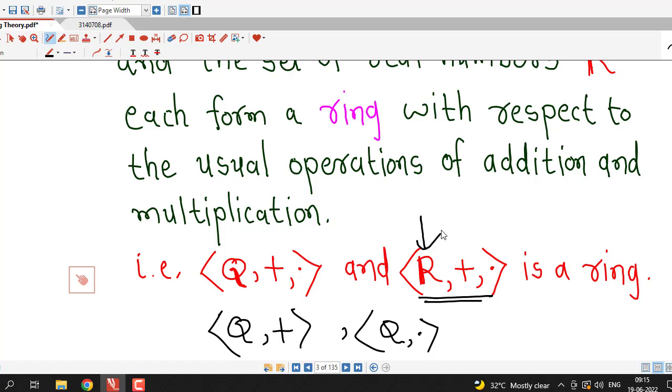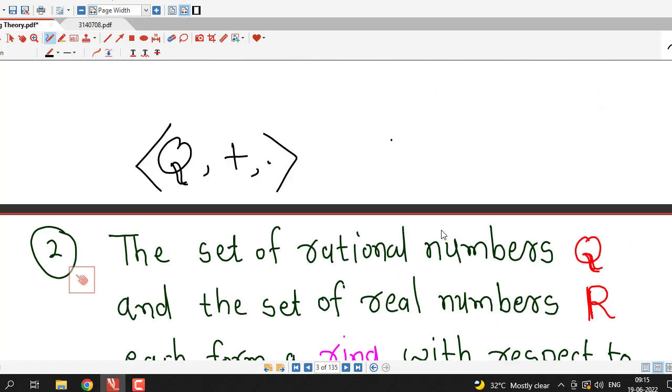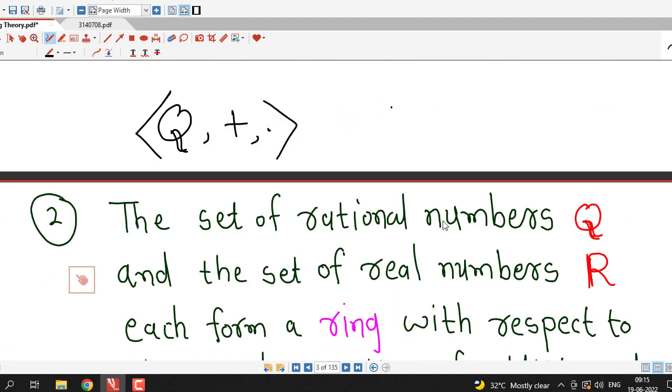Similarly for the set of real numbers. So these are the trivial examples of rings under the usual operations of addition and multiplication. In upcoming lectures we will discuss how to prove that a given set R is a ring with respect to given operations which are denoted by addition and this multiplication symbol.